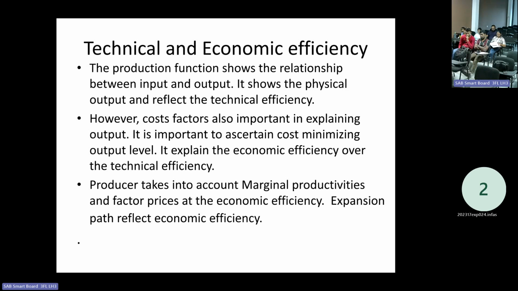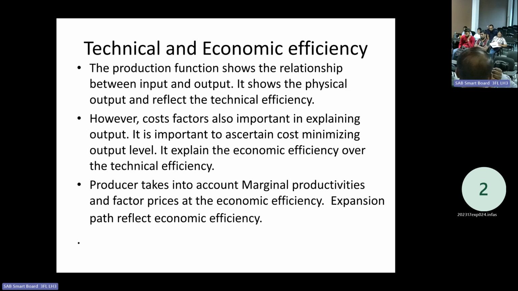But there we also know that cost is important. Economics is mainly concerned with cost also, because we need to produce at the cost minimizing output level. That's why we are more concerned about economic efficiency. So in economics, we talk about the cost minimizing output level. In other words, at the tangent point of the isocost and the isoquant is the cost minimizing output level.